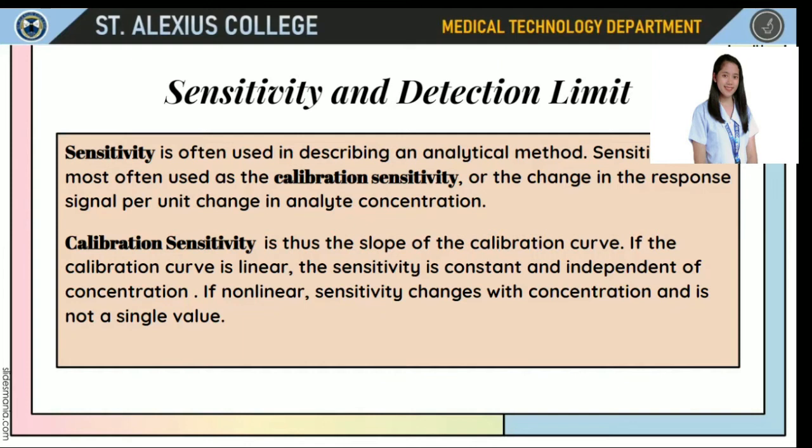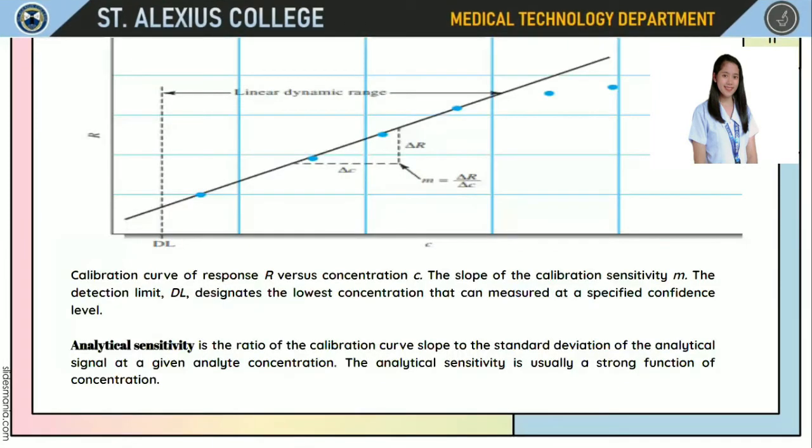In this figure, you can see the calibration curve of response, R, versus concentration, C. The slope is the calibration sensitivity, or M. And the detection limit, or DL, designates the lowest concentration that can be measured at a specified confidence level.